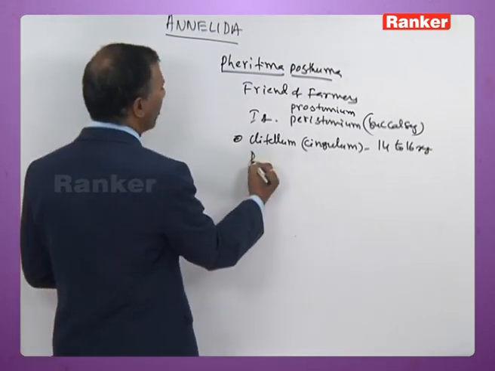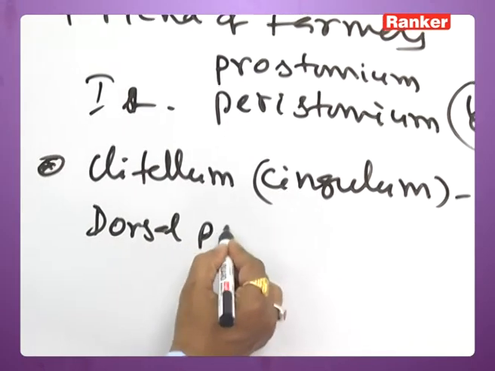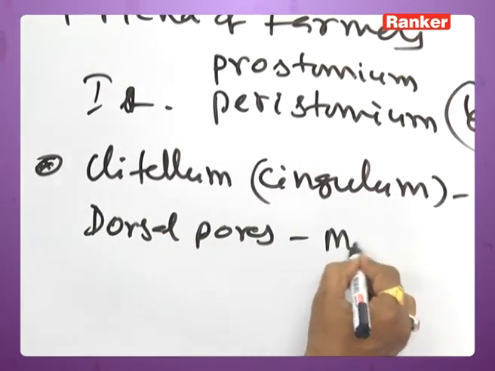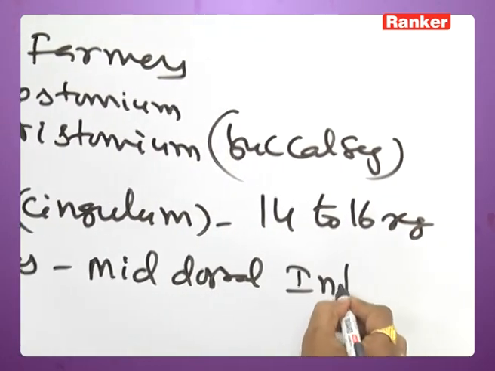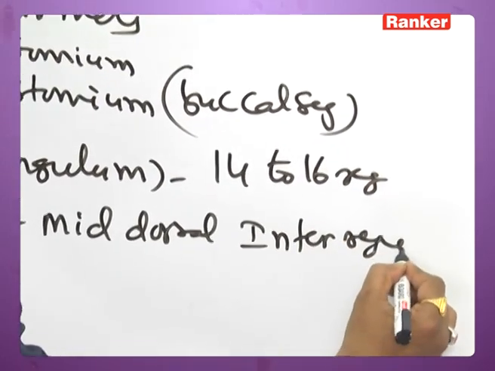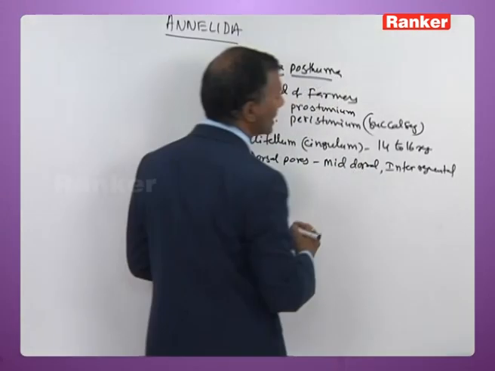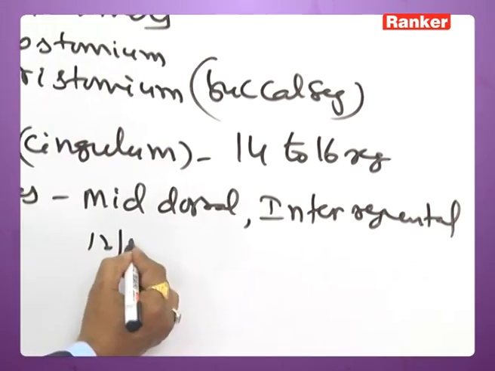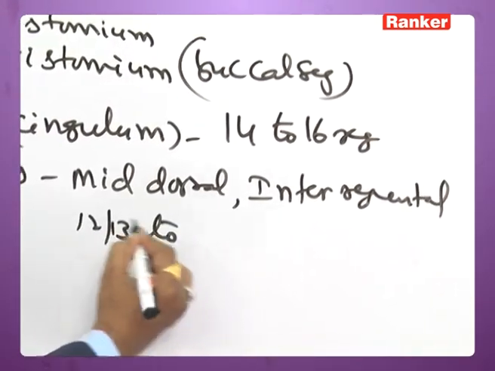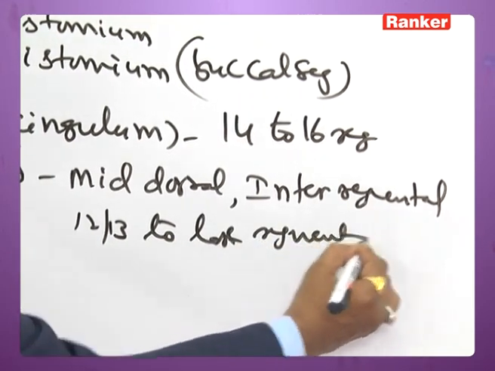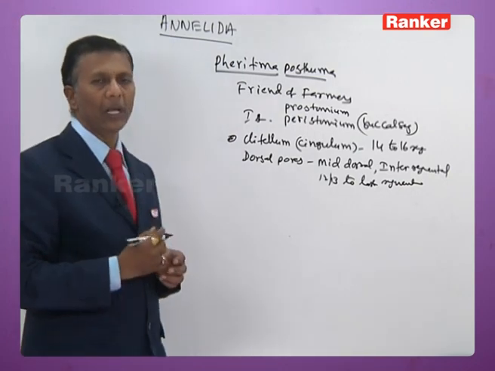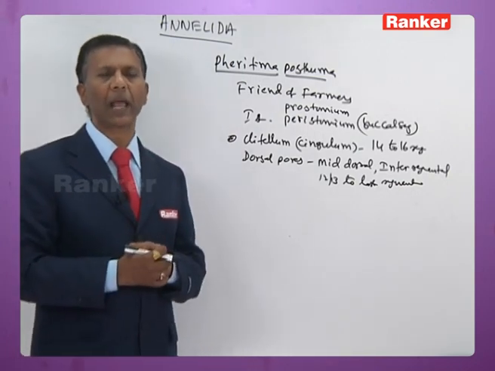Then the dorsal pores are mid-dorsal and intersegmental, and they are present from 12 by 13th to the last segment. In the first 11 segments they are absent.